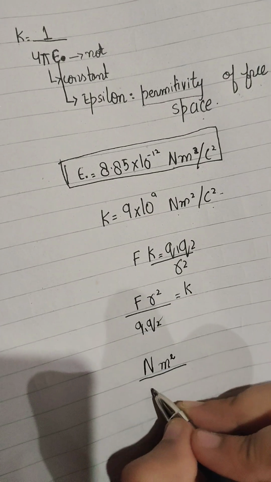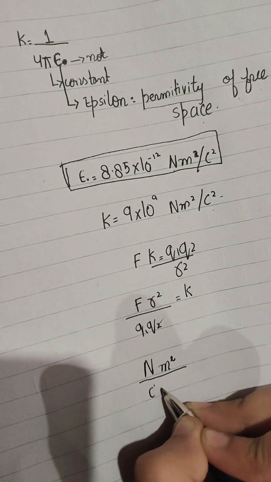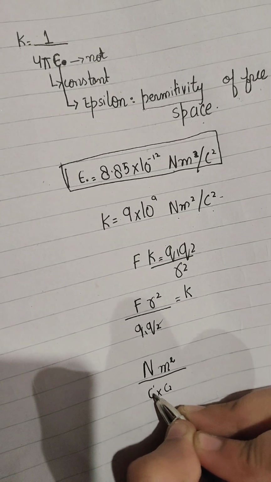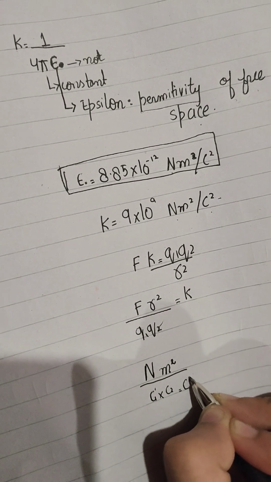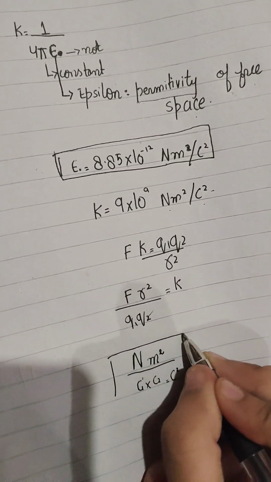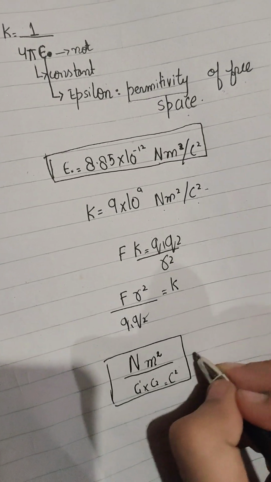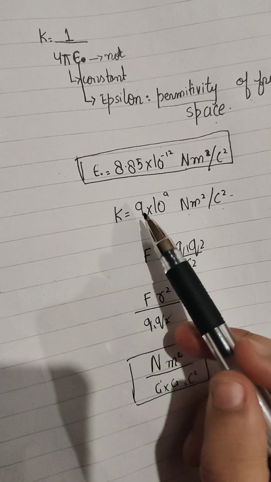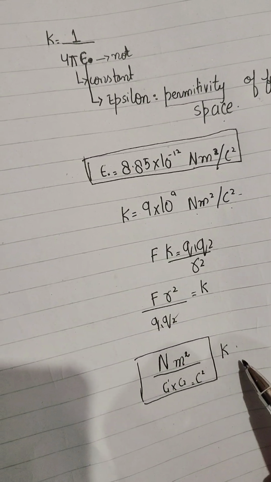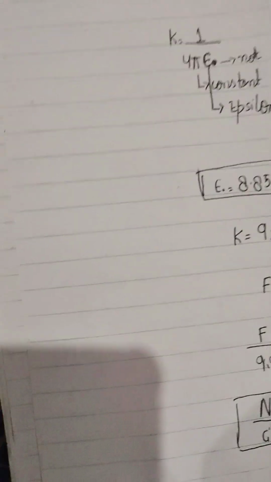Q1 coulomb 1 and coulomb 2 give coulomb square. So this is the unit of K. The value of K is present and the unit of K is also right.